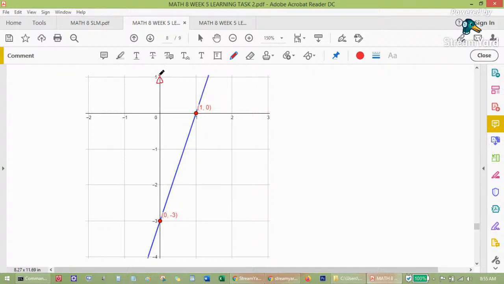Dapat merong arrow dito, meron din arrow dito, at merong nakalagay na y to denote that this axis is the y-axis.